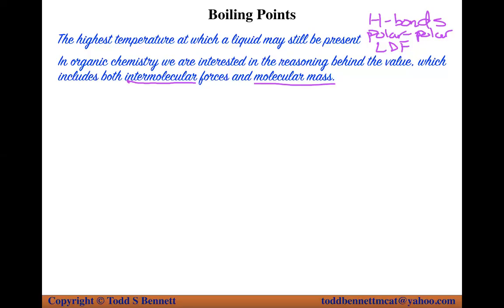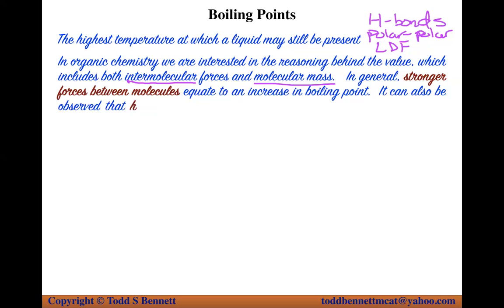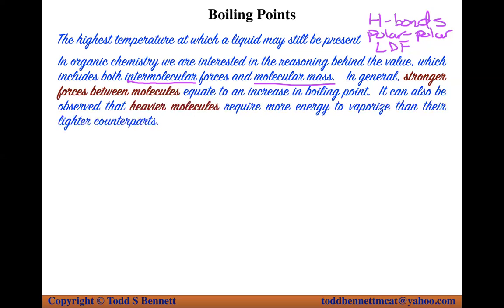So we have to treat them independently, and one factor isn't necessarily going to influence the other. In general, stronger forces equate to a higher boiling point, and heavier mass relates to a higher boiling point. So both of these factors are going to come into play.